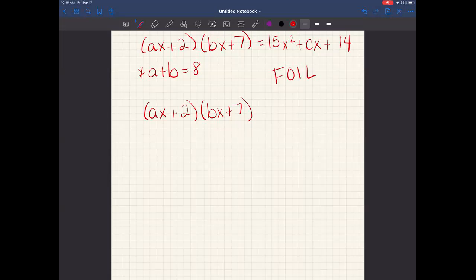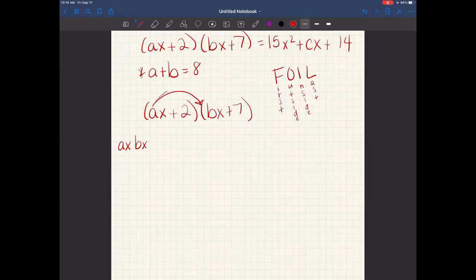Now this ax plus 2, bx plus 7, we're going to do FOIL. So FOIL is first, outside, inside, and last. That means I multiply my first numbers, so ax times bx.